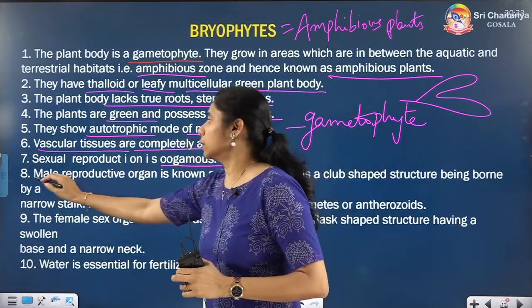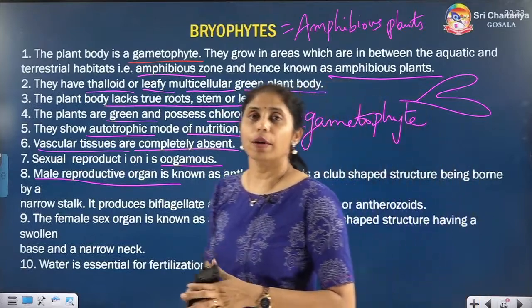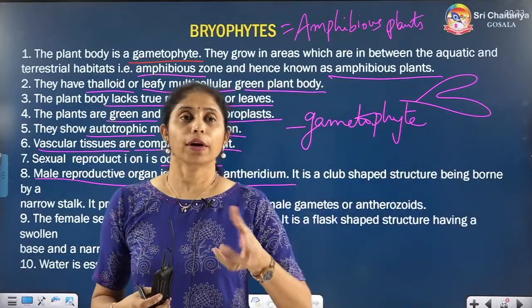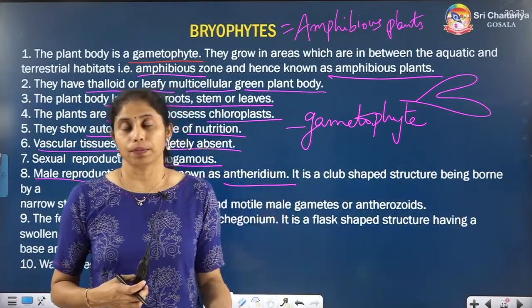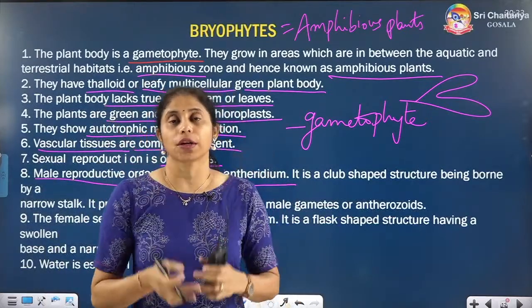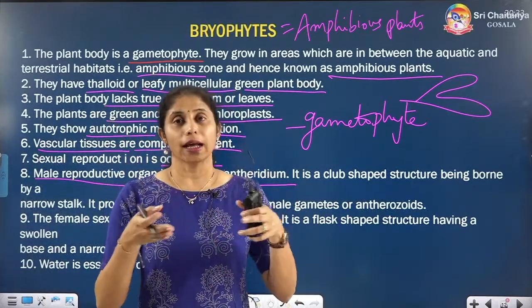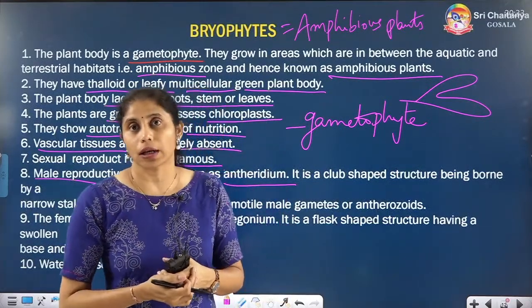The male reproductive organ is known as antheridium. The names also you have to remember. From here onwards, the male reproductive organ is called antheridium, and the female reproductive organ is called archegonium. Antheridium will look like a club-shaped structure, some kind of round club-shaped structure, and archegonium will look like a flask. Like a tea flask, the flask-shaped structure will be there, archegonium.